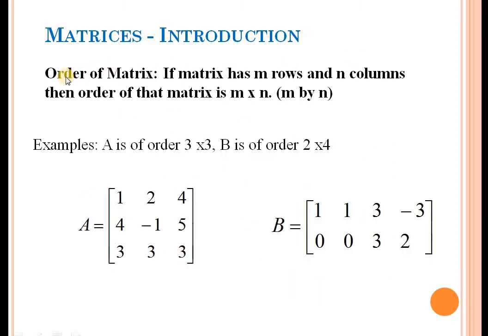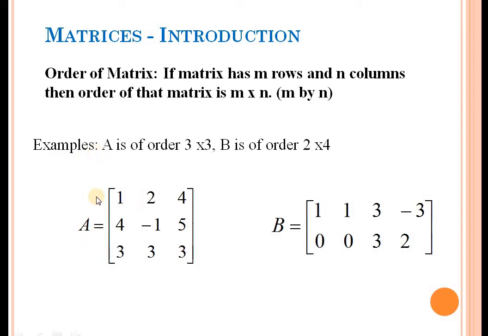Now we see first the order of a matrix. If a matrix has m rows and n columns, then the order of that matrix is m cross n, and we read it as m by n. Let us see an example.